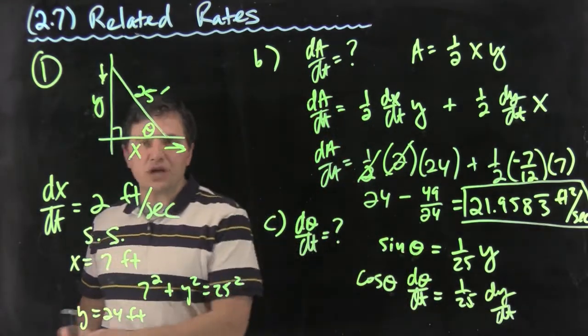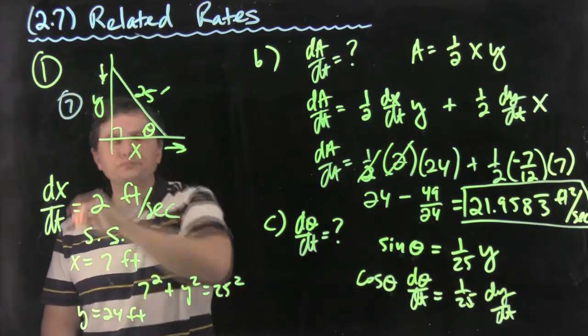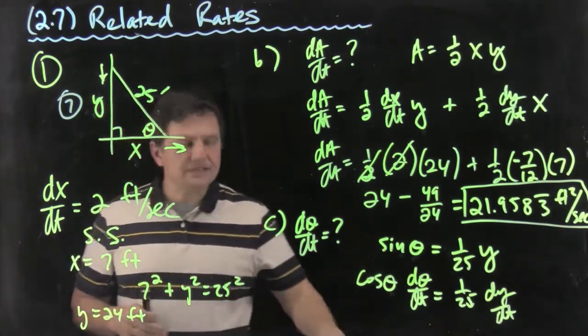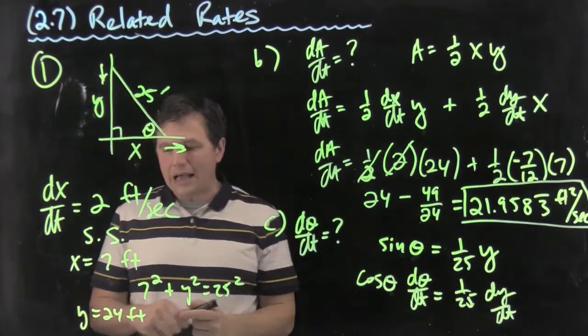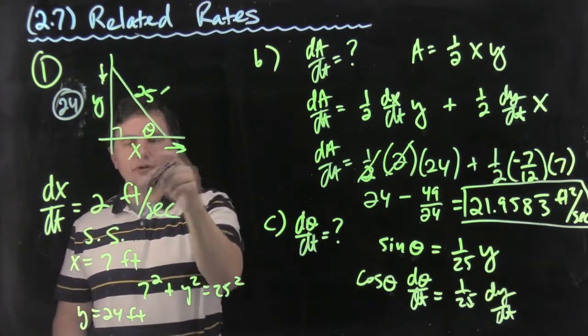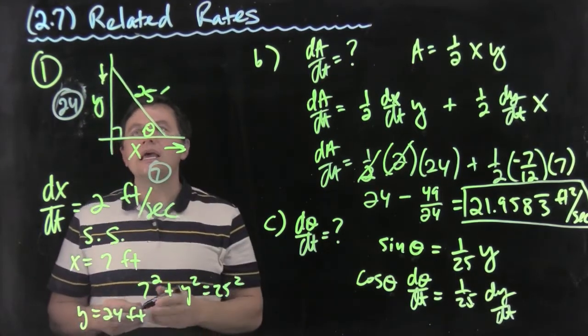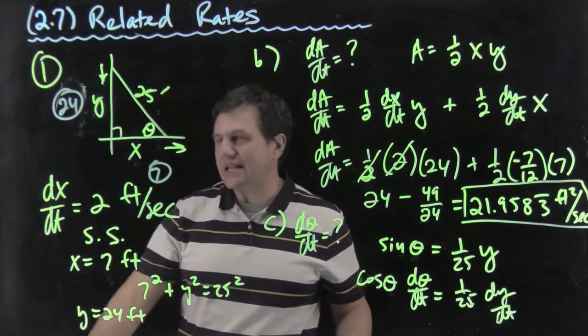So let's write our snapshots here so we understand what's happening. Our snapshot for y is 7. Nope, it's not. I have these flipped. Our snapshot for y is 24. Our snapshot for x is 7. And then this is always 25, so that's a constant.